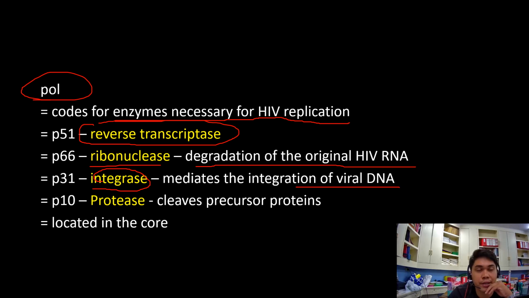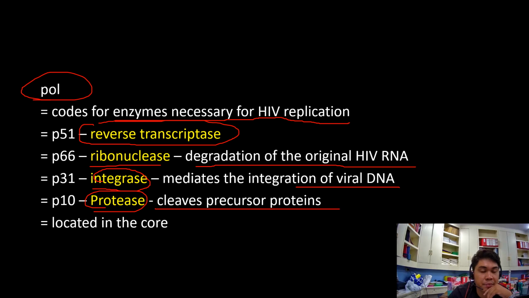So after attachment and fusion, next is the transcription, the conversion of RNA to DNA. The DNA formed will be integrated into the host genome, and that's the purpose of integrase. It mediates the integration of viral DNA. The next is protease.